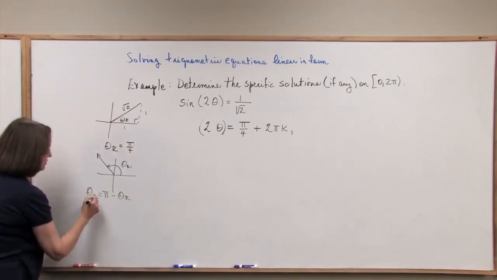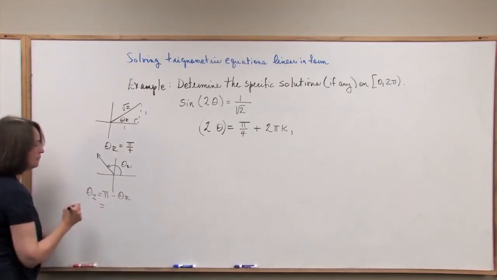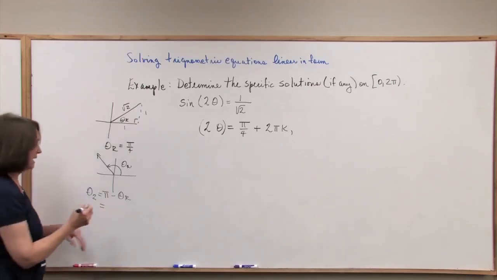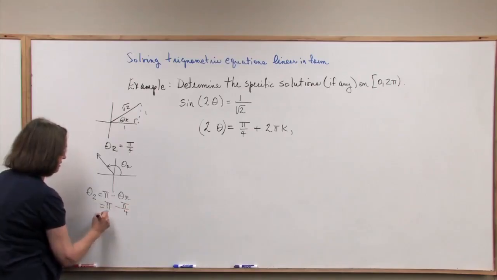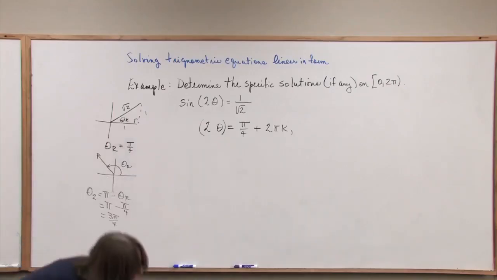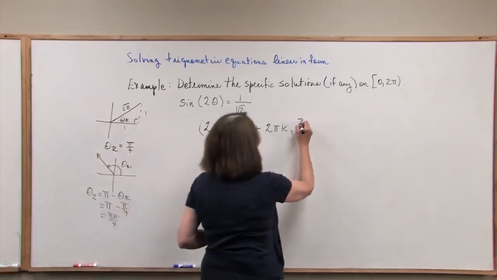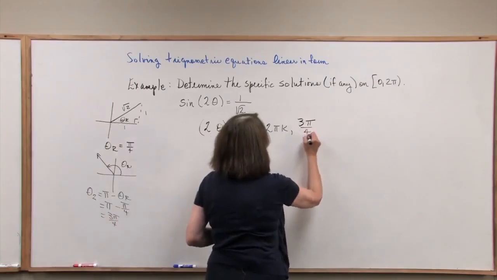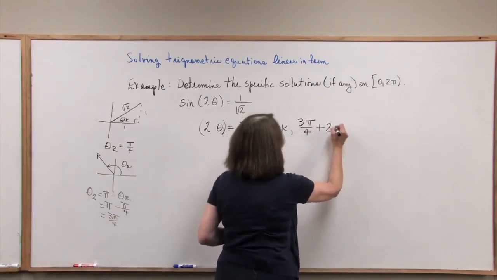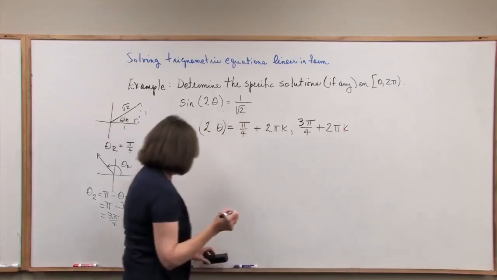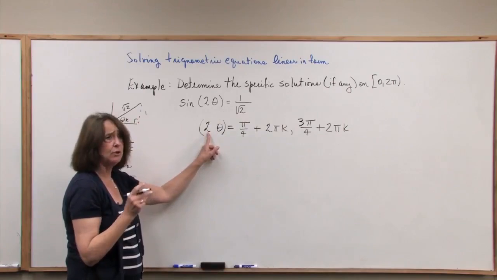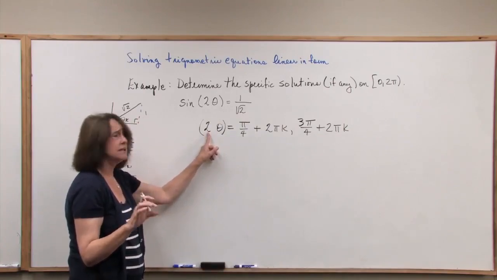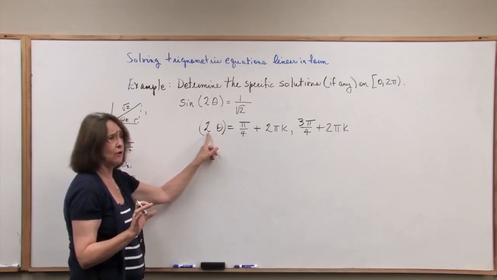Theta 2 is pi minus the reference angle. So pi minus pi over 4, which is 3 pi over 4.